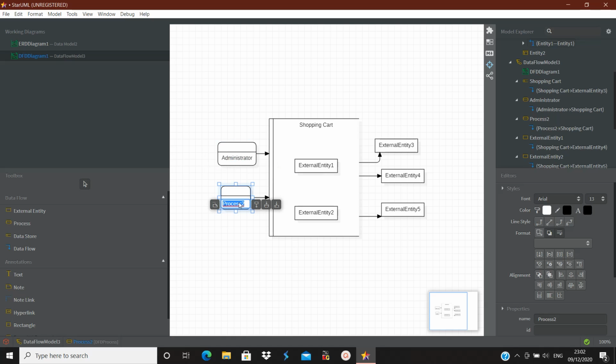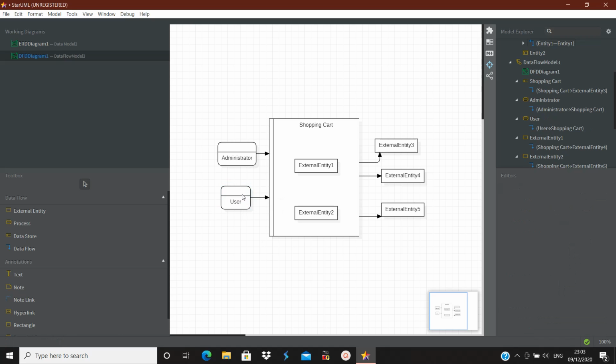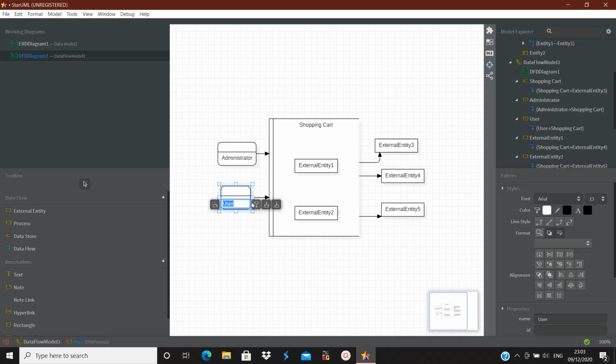The second process I am using in this shopping cart is the user. Again you have to choose this option for showing the data flow.